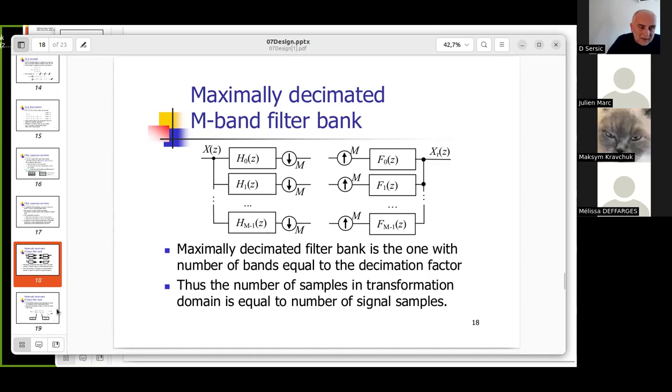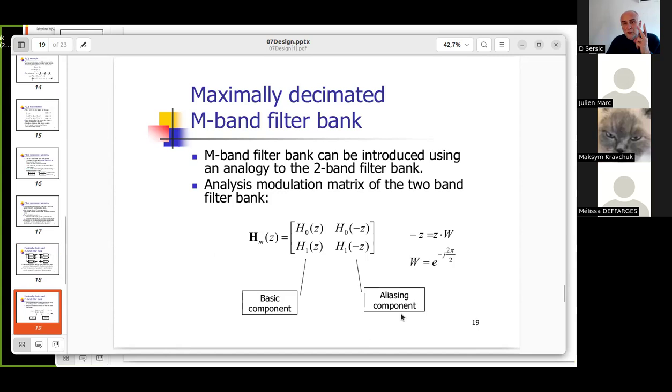I will just make a sketch. So in a 2-channel filter bank, the modulation matrix looks like this. You have one column that corresponds to the basic component and one column that corresponds to the aliasing component.